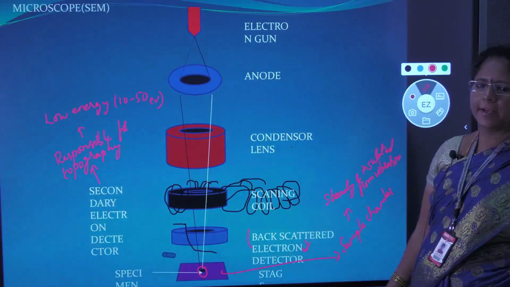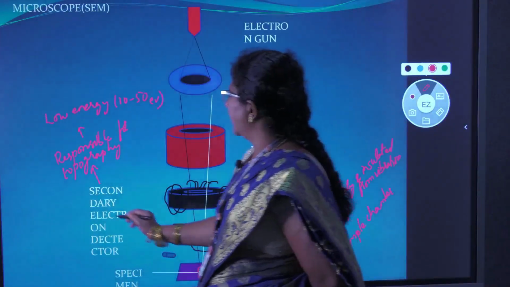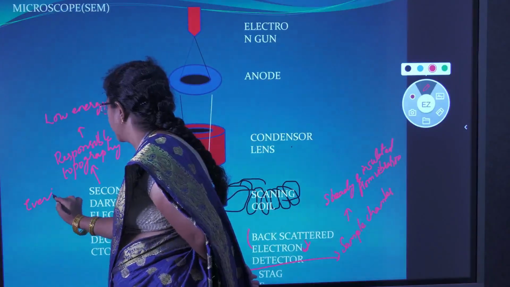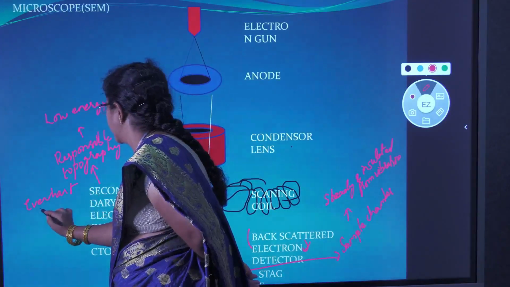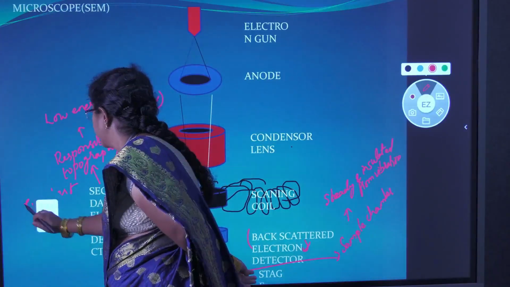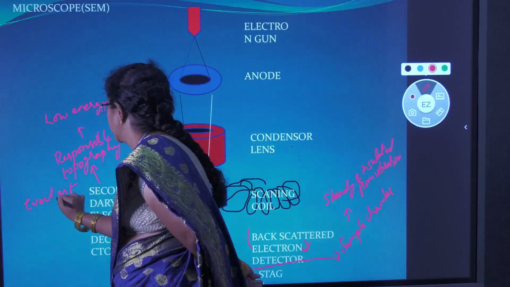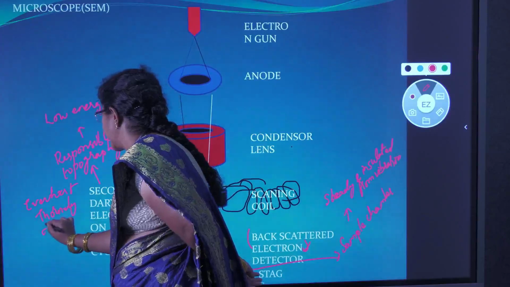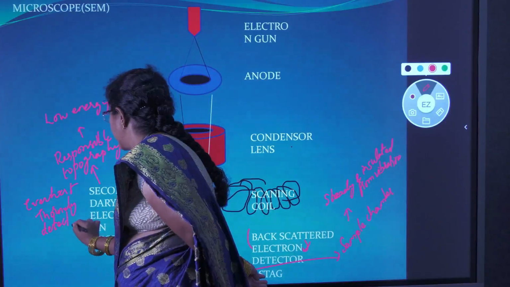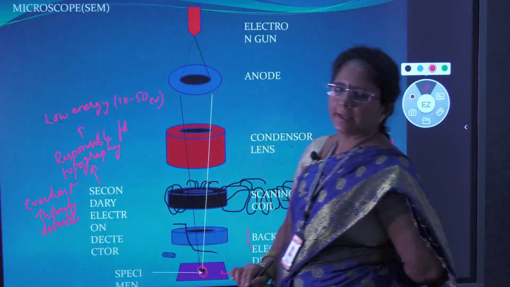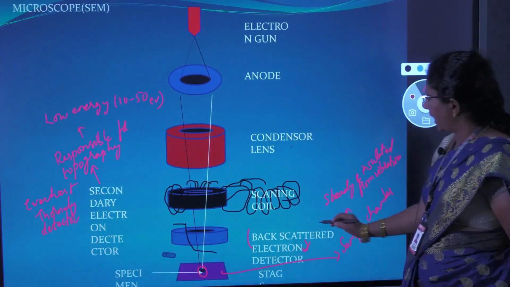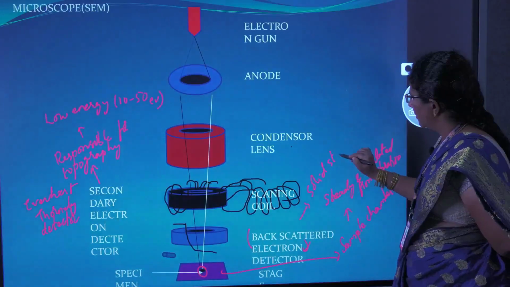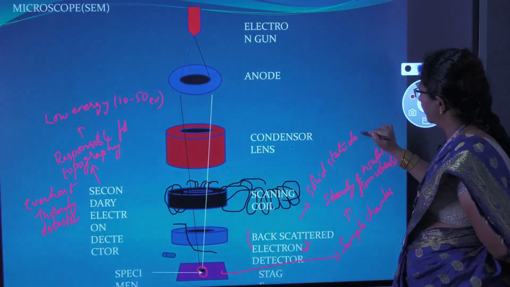For detecting the secondary electrons, the detector used is the Everhart-Thornley detector. The backscattered electrons are detected by solid state detectors.